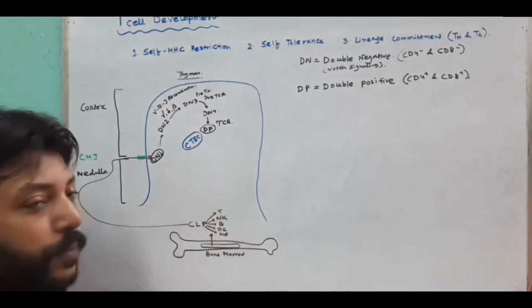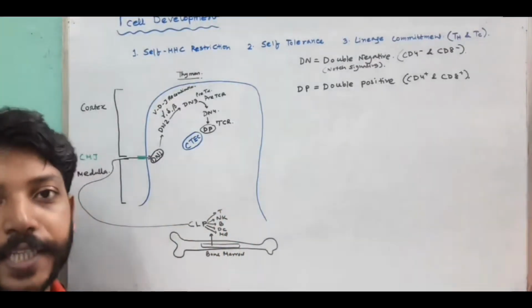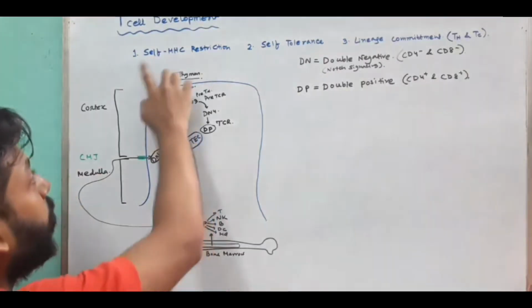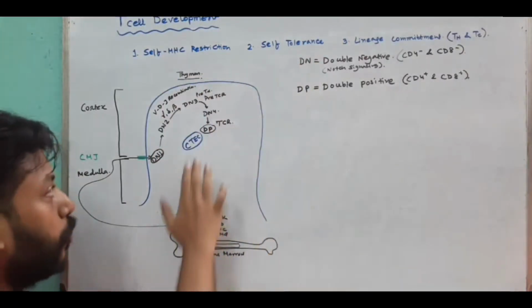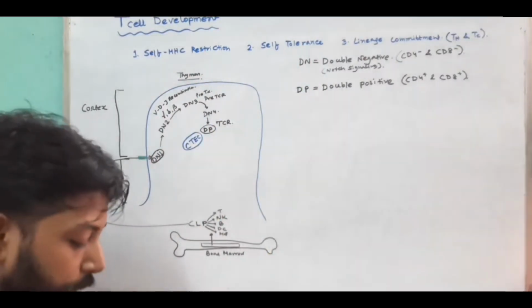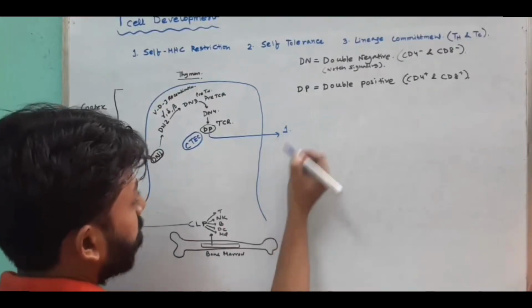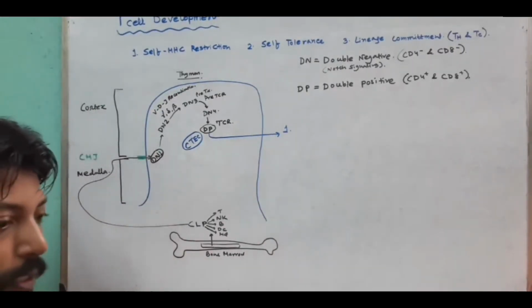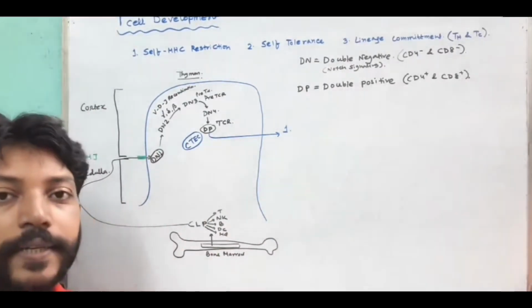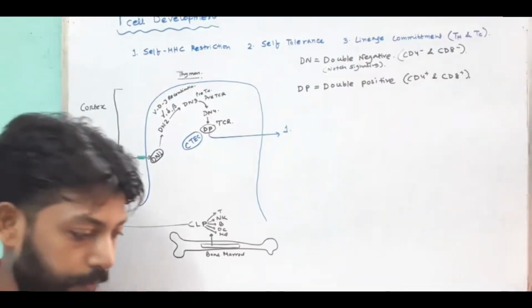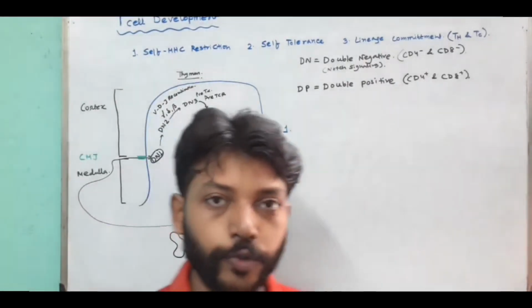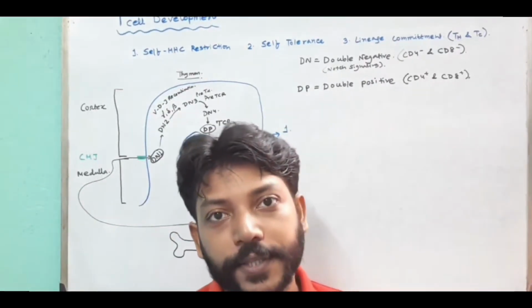Now the double positive cell actually gives examinations. These three terms and conditions have to be maintained. Now it gives examinations. The first consequence: during the production of the T cell receptor by VDJ recombination, many T cell receptors are produced that do not recognize the self-MHC molecule.